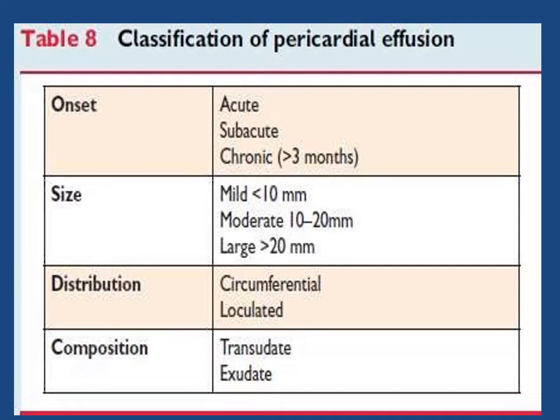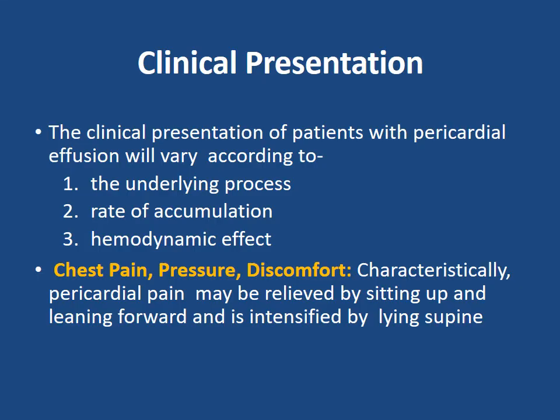If it is 10 to 20 mm, it is moderate, and greater than 20 mm, it is large. On the basis of distribution, we can classify pericardial effusion into circumferential and loculated. On composition, as we have discussed in the previous slides, it can be classified as transudative or exudative.